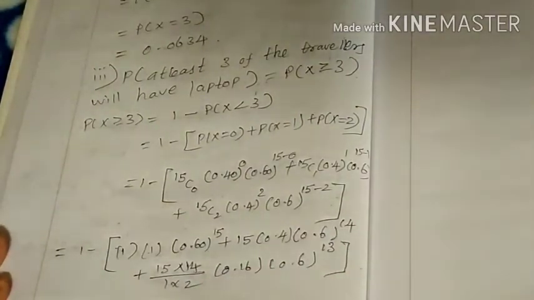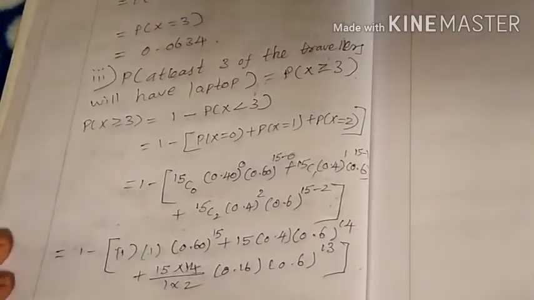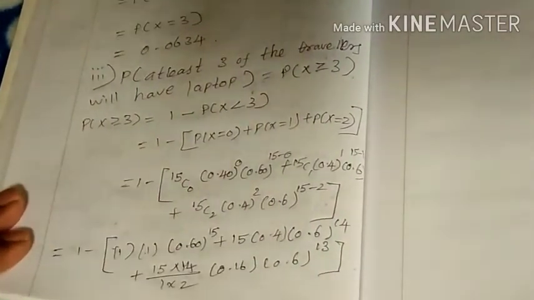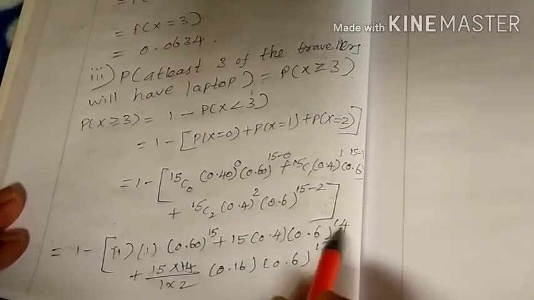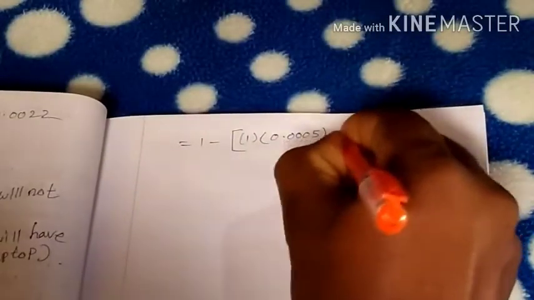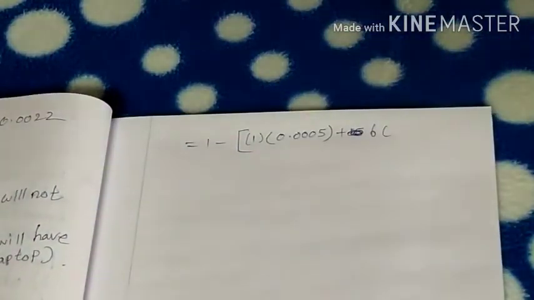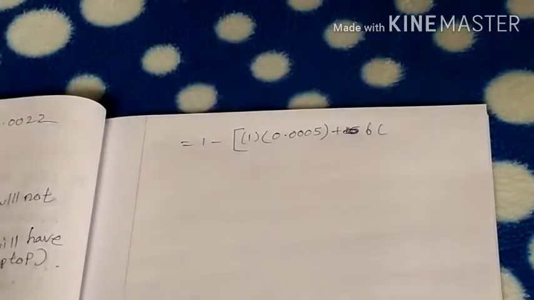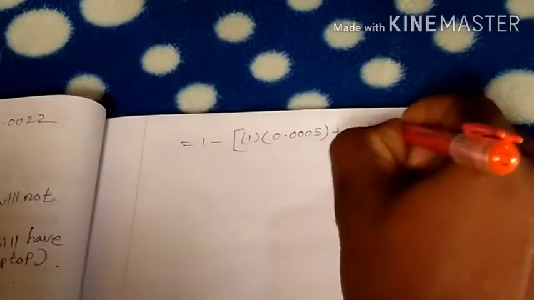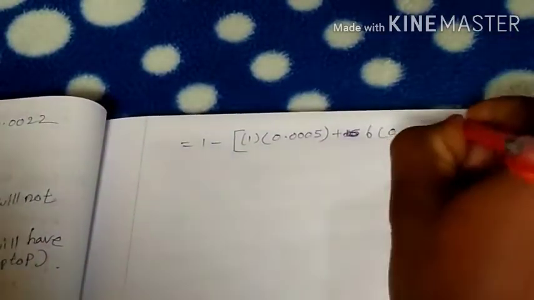Using the calculator, 15 into 0.4 equals 6. Then find 0.6 power 14, which is equal to 0.0008.